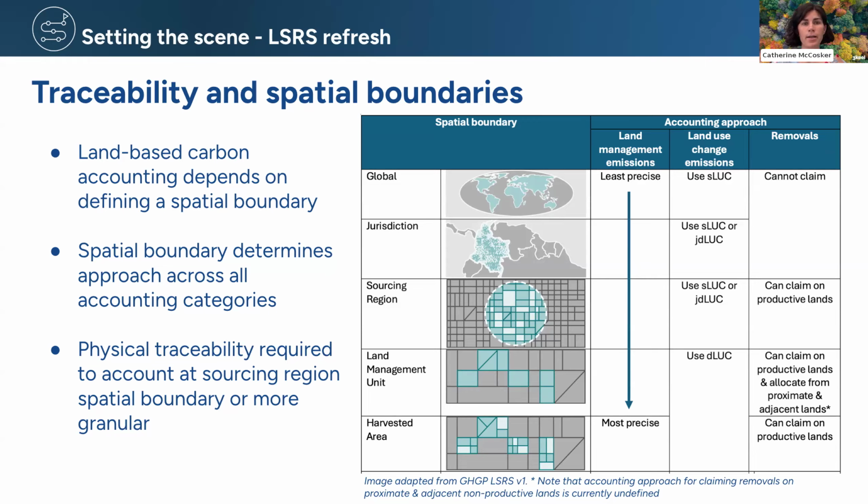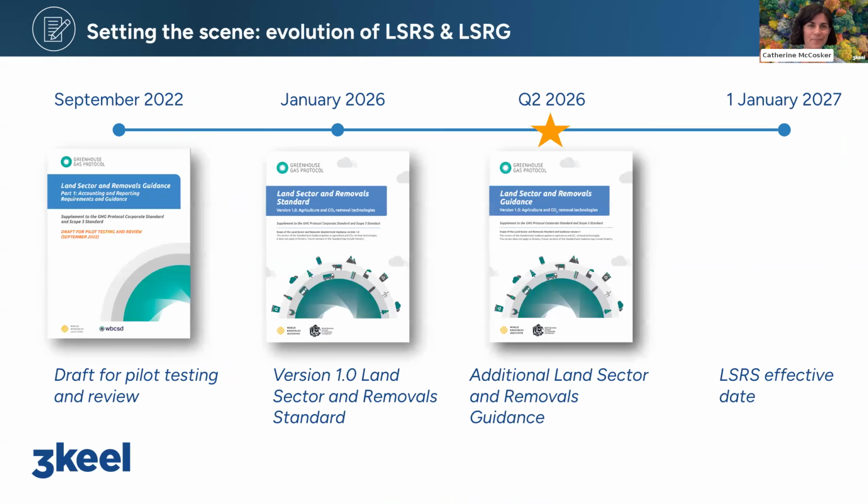The main way that they ask you to prove this physical traceability is through a chain of custody model, which could be certified or it could be an internal system. So that is the sort of recap of the key topics of the LSRS, and we covered those. You can always go back to our old webinar to go into that. And now I'll hand over to Megan to say, so what about the guidance and where that brings us?